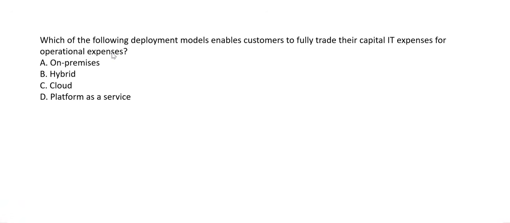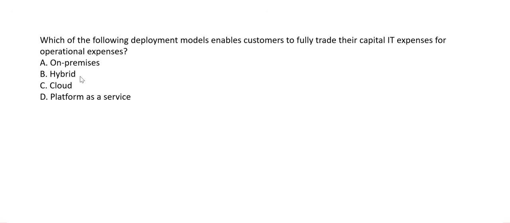AWS, etc. So option A is on-premises. On-premises is top heavy on capital IT expenses, because if you have an infrastructure and if you want to expand it, you have to buy all the hardware to augment your infrastructure. That is all capital expense. Okay, so hybrid is a combination of on-premise and cloud.